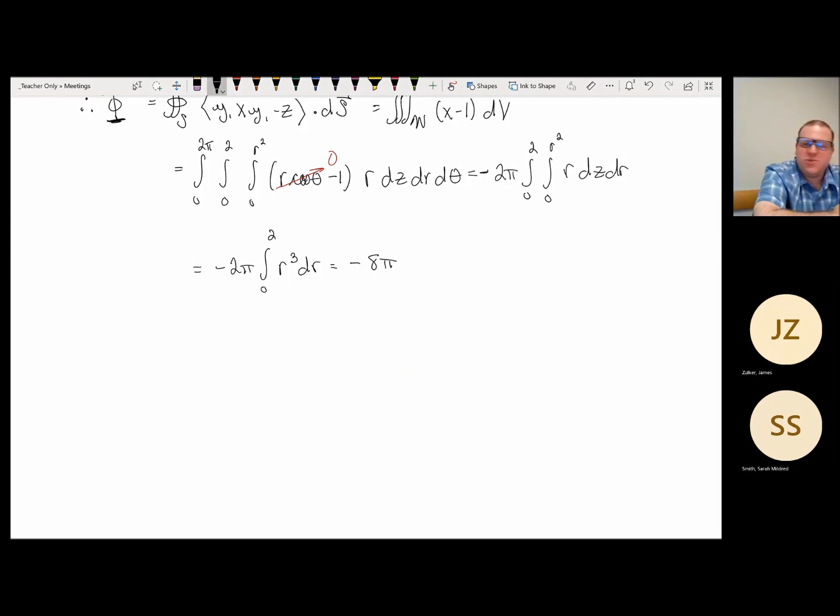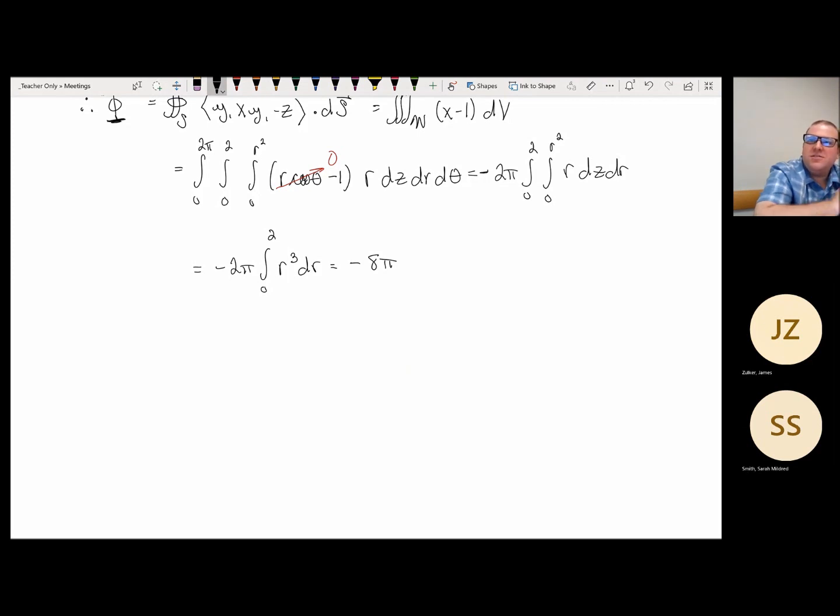So based on this description, because of how the bounds are, z has to be before r, but where theta goes does not matter. You can do it first, second, or third, as long as you integrate with respect to z before doing r. I understand why everything else is free, because z depends on r, 0 to r squared.